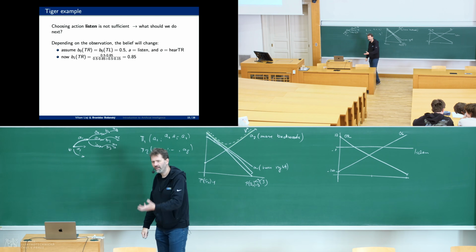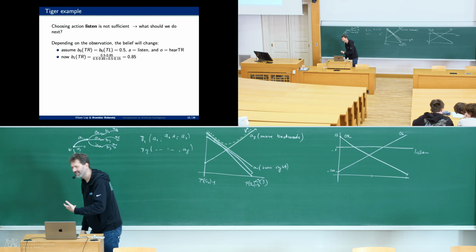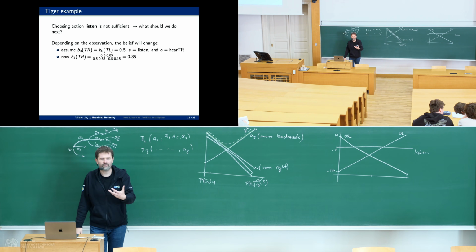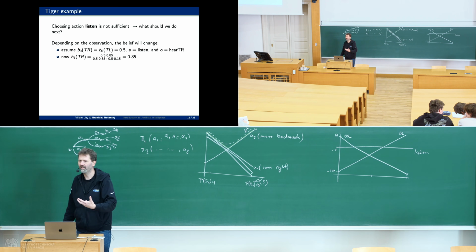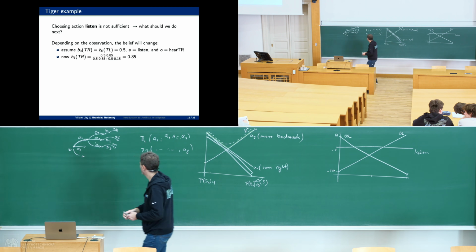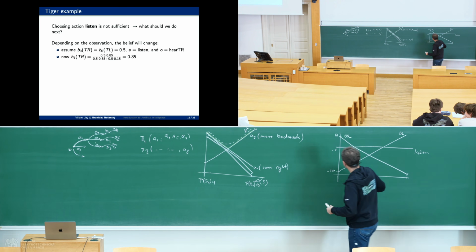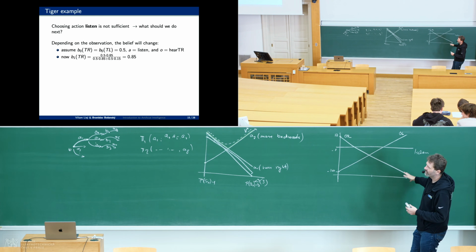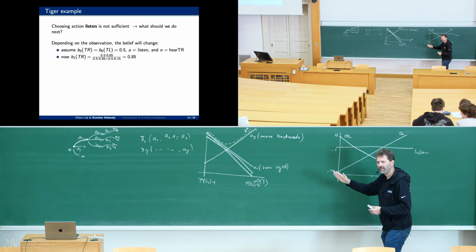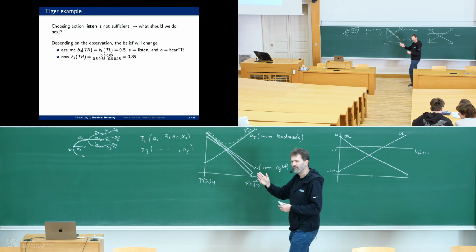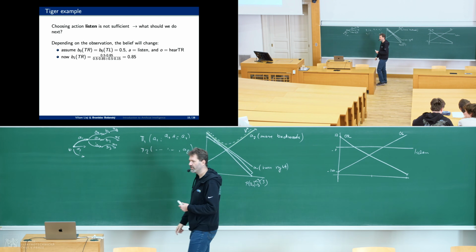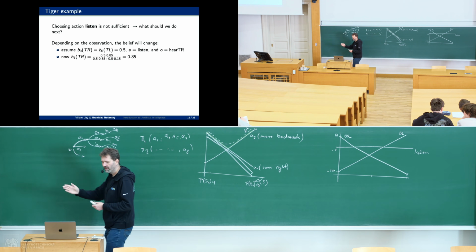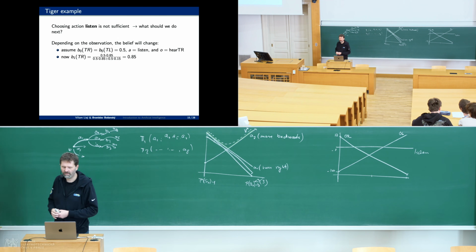And if we listen again, and we hear the tiger again on the right side, then the belief will again move closer to the tiger being on the right. The more we listen and receive the observation that the tiger is on the right, the higher the probability is that the tiger is actually on the right.